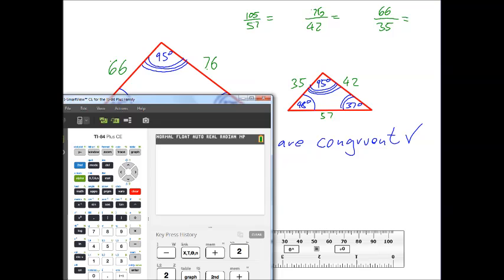We can do this on our calculator since we can't simplify these fractions very easily.